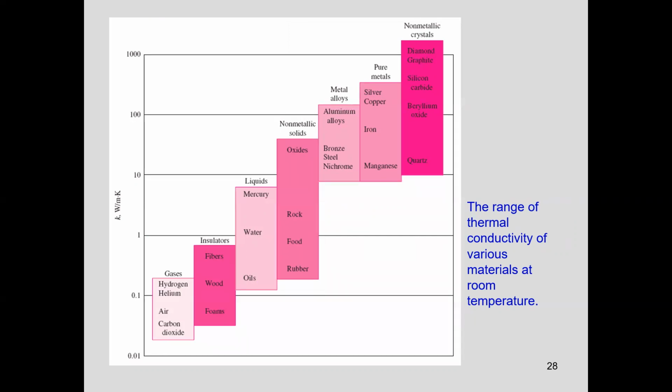It's obvious that the thermal conductivity for non-metallic crystals like diamond and graphite is outstanding. Even diamonds are used as heat spreaders.